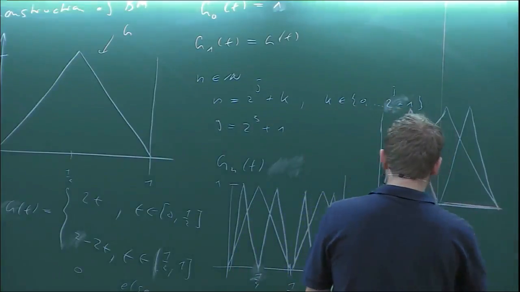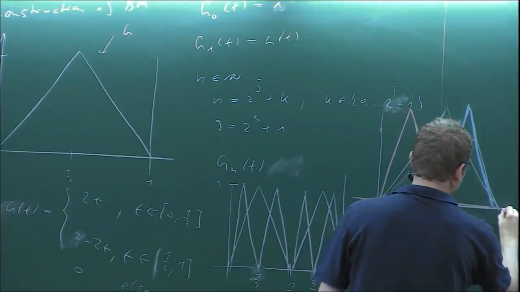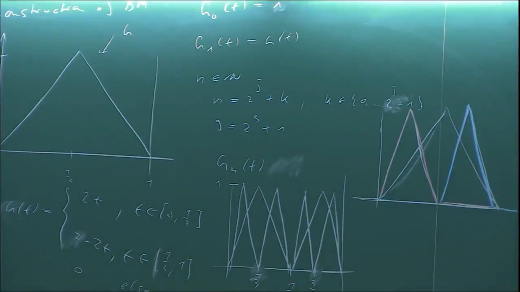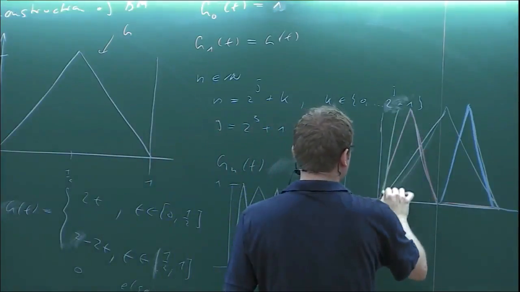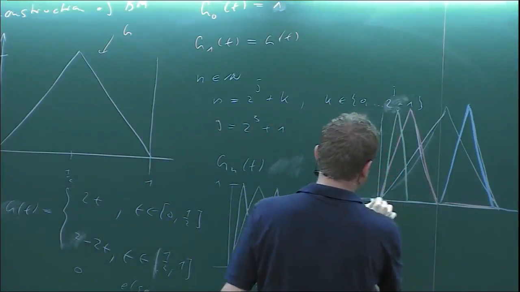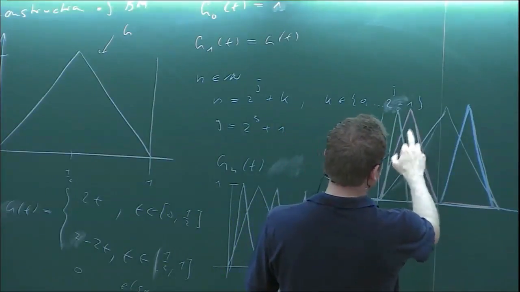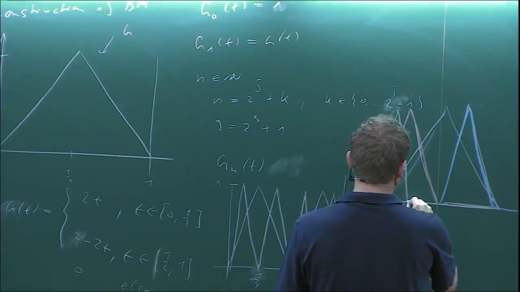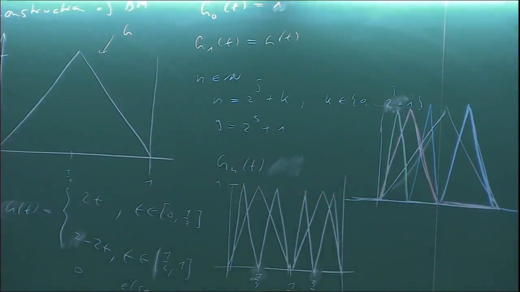Then we have G3. Okay, and even more. Then G4 is just the next generation. We just divide it here. And G5 should then be just this function, etc. Okay, I think you understand how this works.